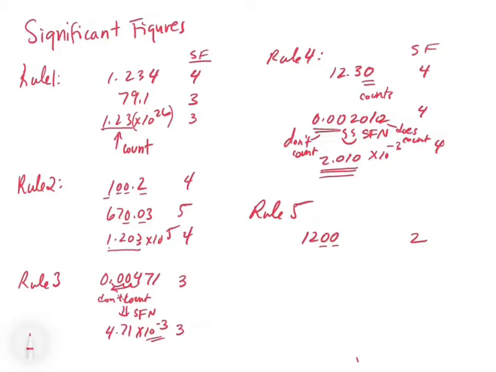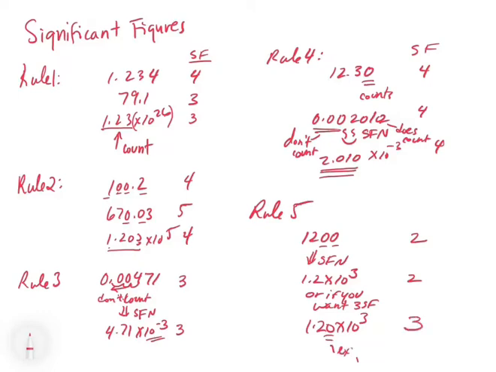So a way to not be ambiguous would be to write this in scientific notation and then include a 0 if you needed to. So for example, if you were to write this in scientific notation, we could specify 1.2 times 10 to the third, in which case it would be 2. Or if you want 3 sig figs, you could write this in scientific notation but explicitly include a 0 after that, in which case this would become 3.